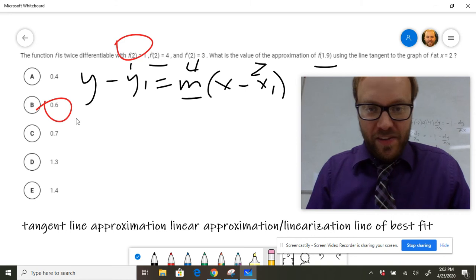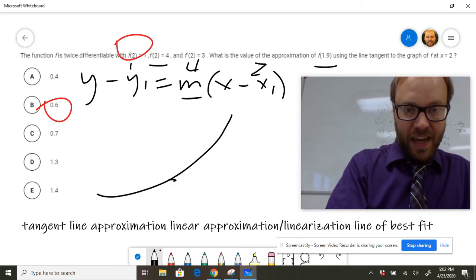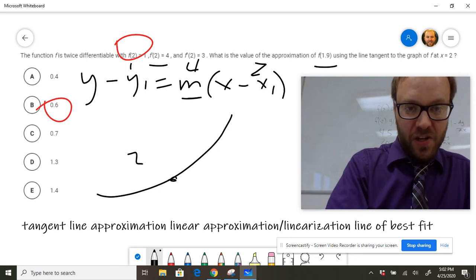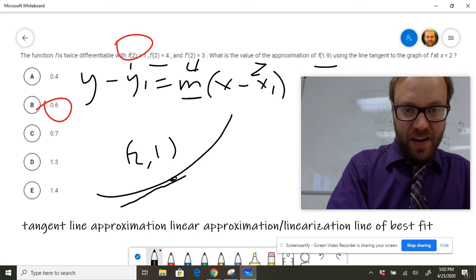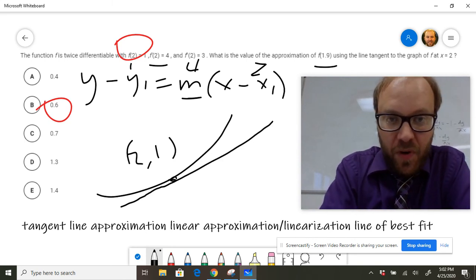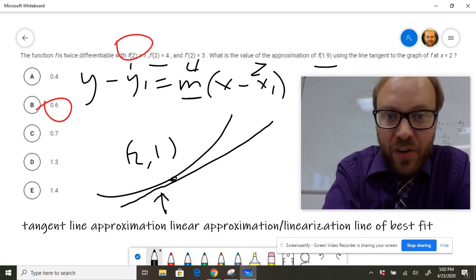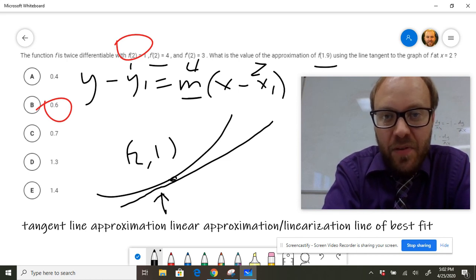And I don't know exactly what the curve looks like, but let's say the curve is doing this sort of thing. And you've got this point here at 2, 1, and you're writing the equation of this tangent line that comes in there. And in this particular case, we wanted the value of f of 1.9. So we're going to get this point here at about 1.9 that's just a little bit down the curve. And that's what ends up happening there.